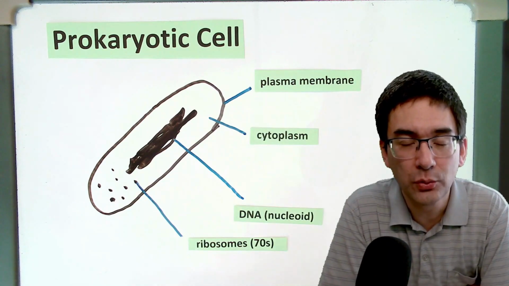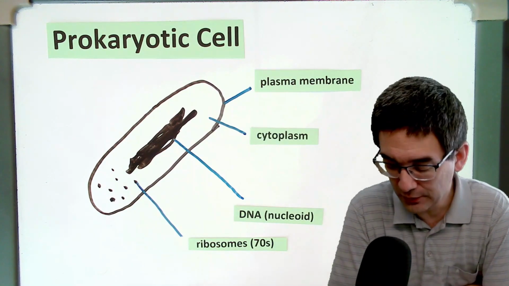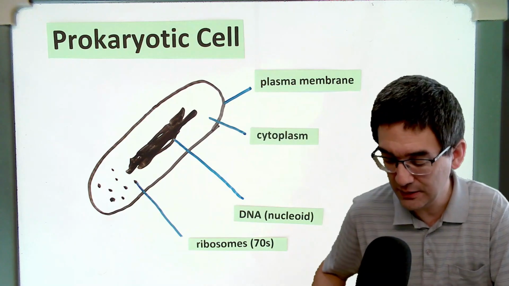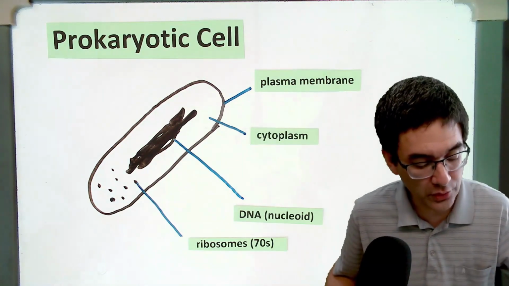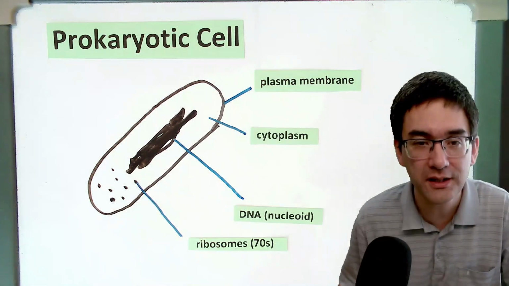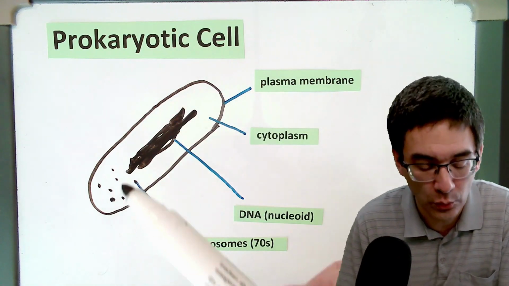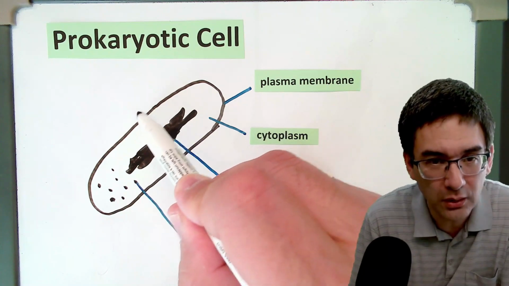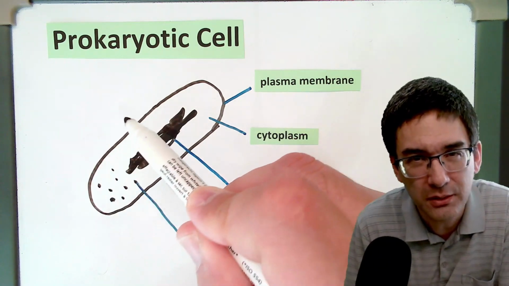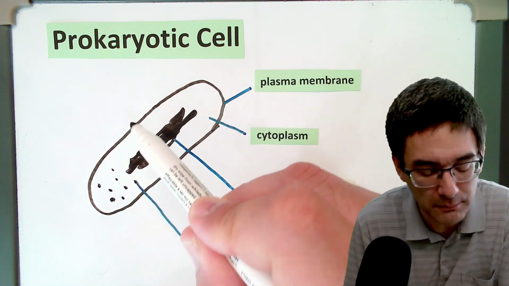So, what else do we have? We're almost finished, but there are a few more structures that we need. Outside of the plasma membrane, I'm going to draw a cell wall. I don't want to draw it as a line because it looks a little bit like a membrane.